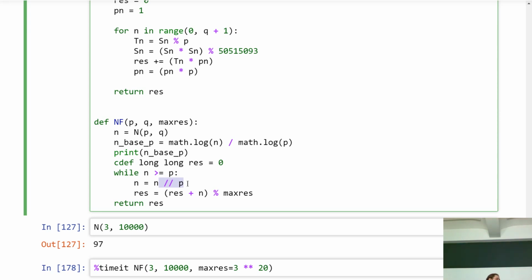Yes. That's why I want to reduce it as much as possible. For example, if we know that this NF would be written as a power of something, we can just reduce.